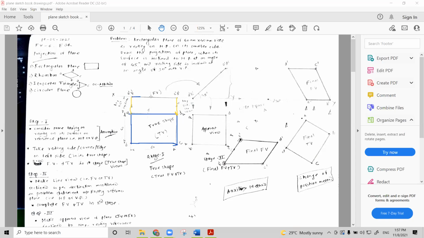You should draw the straight line from here. Okay, now you got this line on the XY line, and that is nothing but your front view.